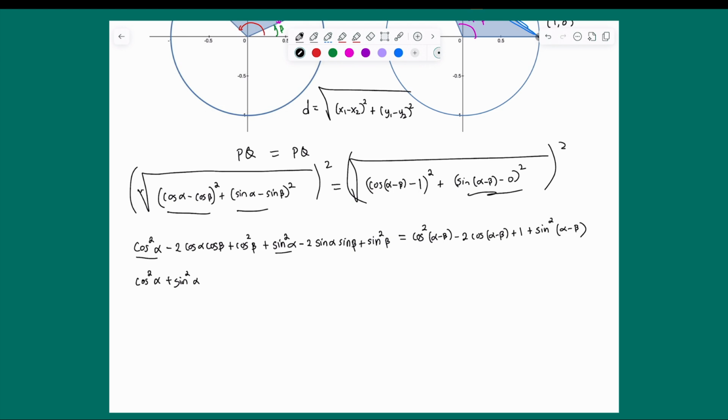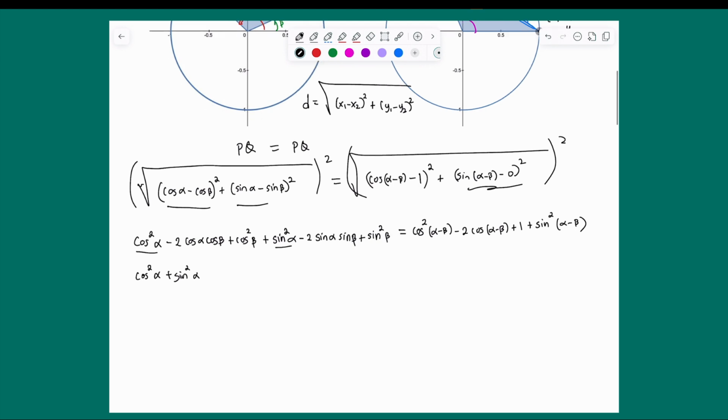And then I'm also going to collect my cosine squared beta. So that's that term, along with the sine squared beta. Okay, and then that would leave us with minus 2 cosine alpha cosine beta minus 2 sine alpha sine beta.